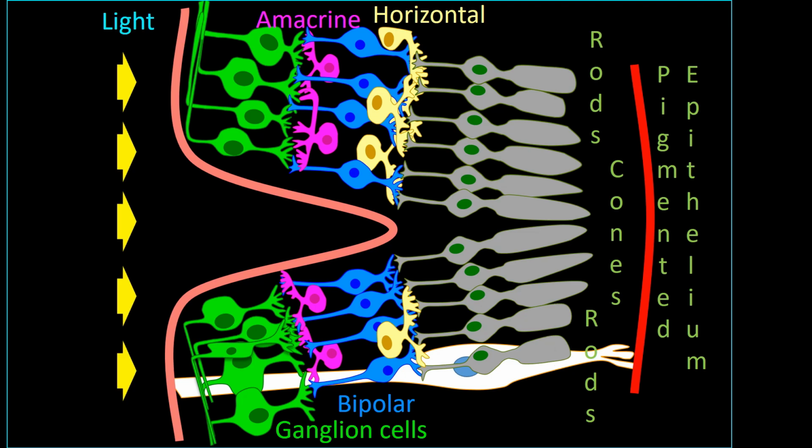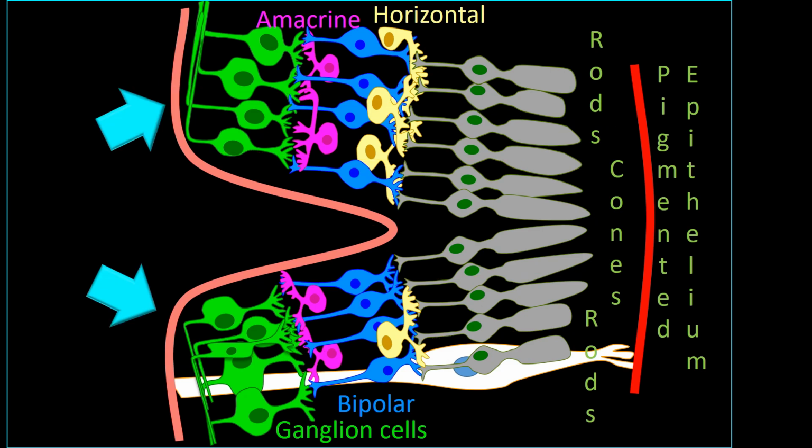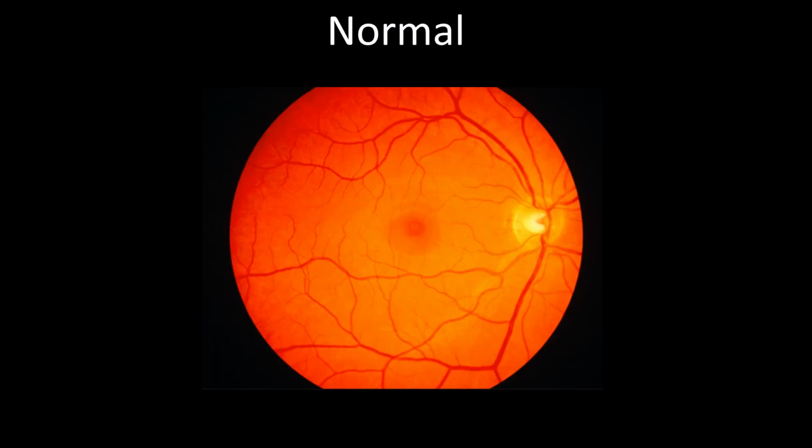Be that as it may, light comes in through the pupil, hits the retina, and light rays go through the retinal layers, reaching the pigmented epithelium and is reflected, giving the retina a reddish appearance that it normally has, as you can see in this frame representing a normal retina.